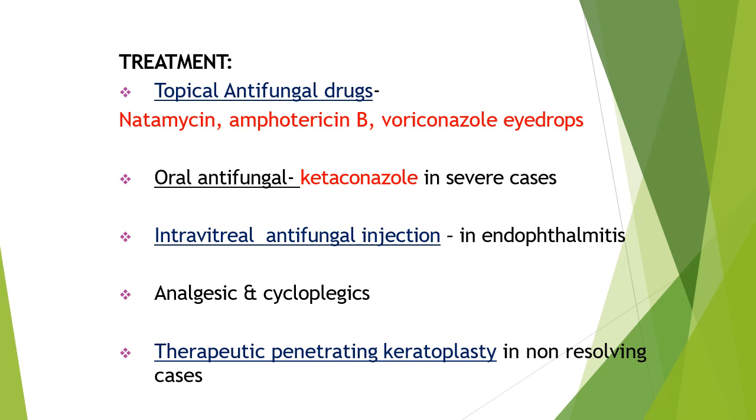If there is any suspicion that the posterior segment is also involved, then you have to go for intravitreal injections. And if the patient is not responding to topical treatment and the ulcer is static, voriconazole can be diluted from the available vial and injected into the stroma surrounding the ulcer, so that it gives the drug directly for a longer period of time into the stroma, which helps in reduction of the infection.